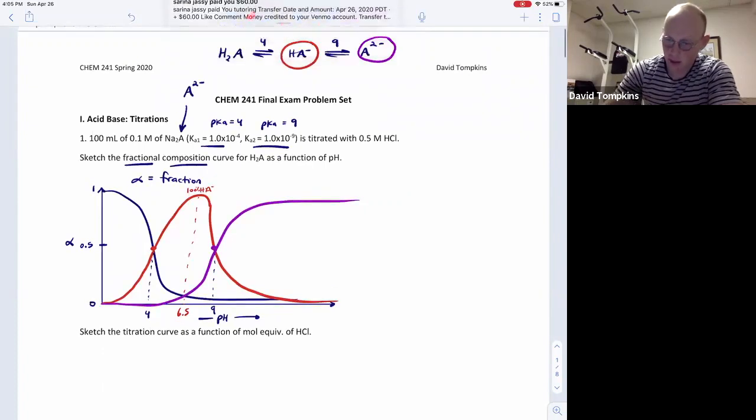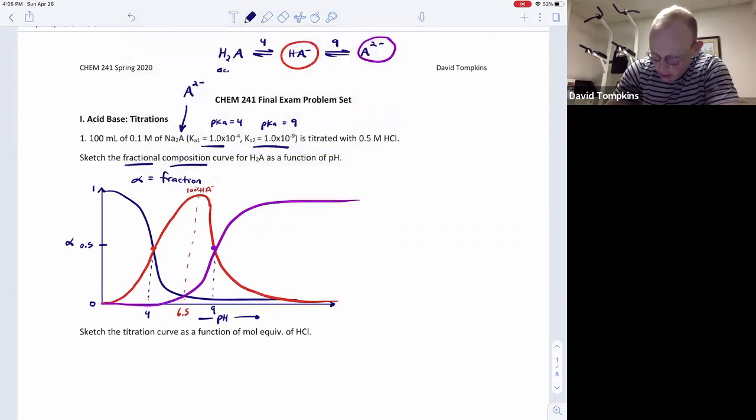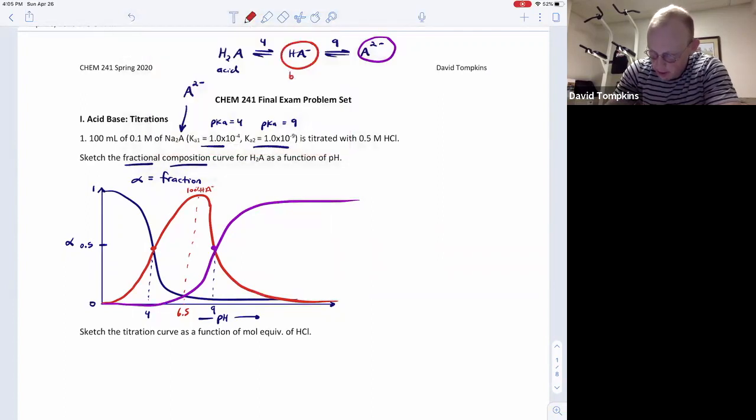And if you think about each of these different forms, H2A is an acid only. So the acid just decreases with pH. HA minus is a base, is the conjugate base of H2A, but it's also an acid. And remember that that means the compound's amphiprotic.